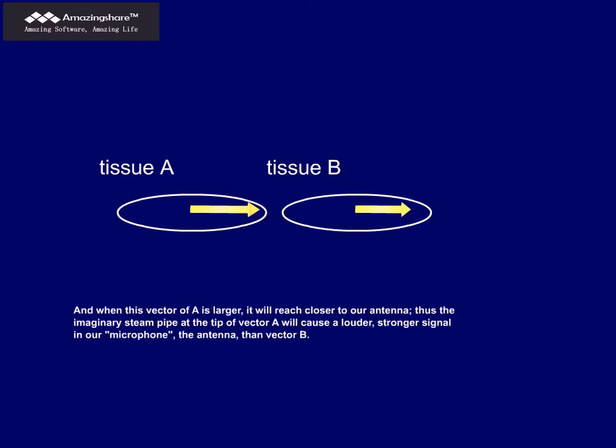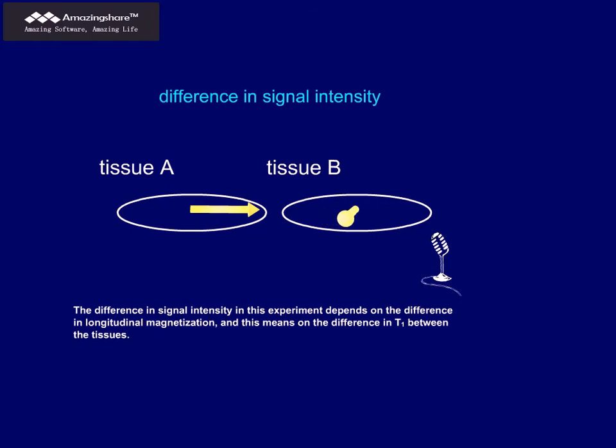And when this vector of A is larger, it'll reach closer to our antenna. Thus, the imaginary steam pipe at the tip of vector A will cause a louder, stronger signal in our microphone, the antenna, than vector B. The difference in signal intensity in this experiment depends on the difference in longitudinal magnetization, and this means on the difference in T1 between the tissues.